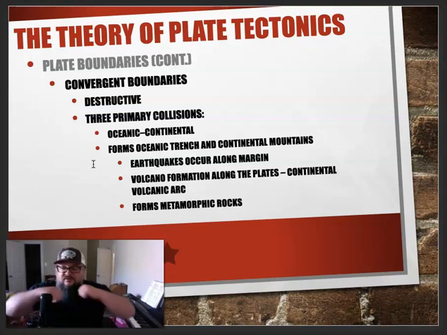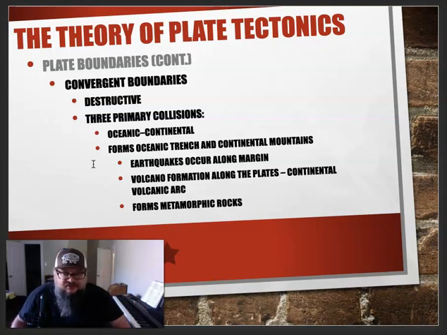Whenever these come together, it's a lot of force and a lot of pressure, and even though the continental plate ends up winning, meaning the oceanic plate gets destroyed, it doesn't mean there's no damage to the continental plate. It gets plenty crumpled up. And as it gets crumpled up, you get the formation of mountain ranges along the coast.